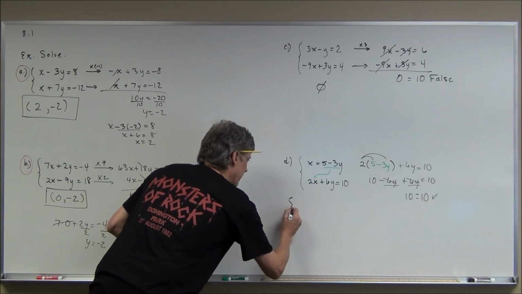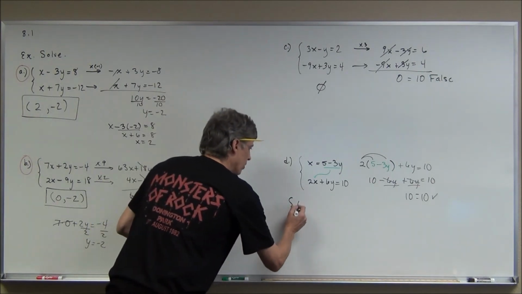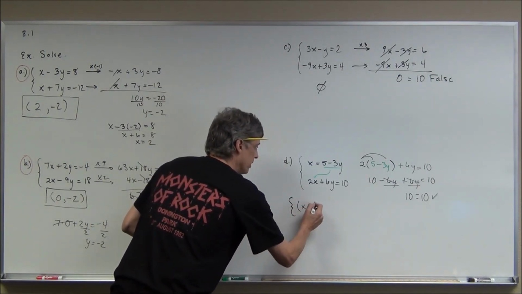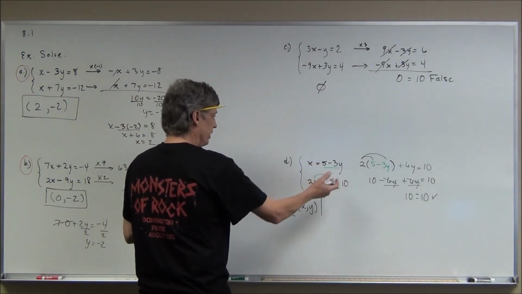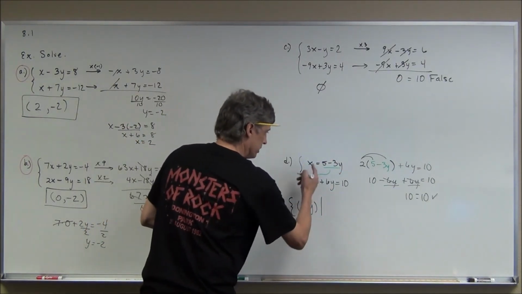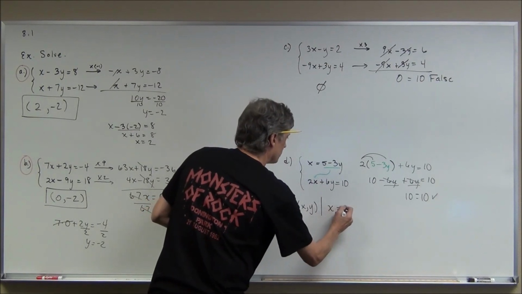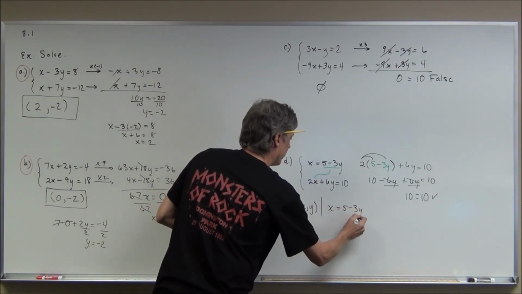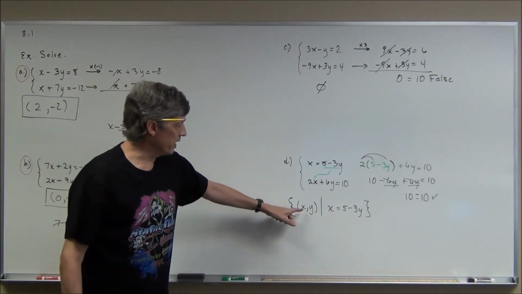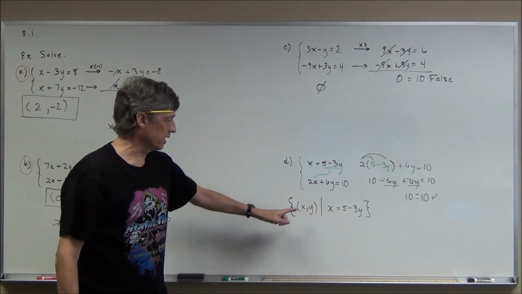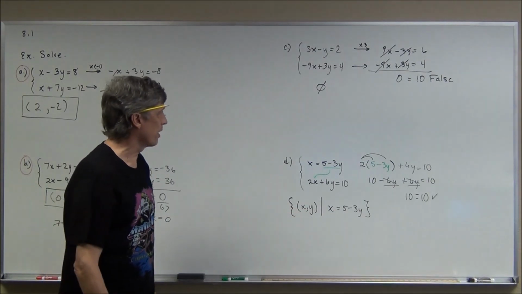It's a little old-fashioned, but the set of all ordered pairs x, y, such that, the bar means such that, and then write down either equation, it doesn't matter which. I'll take the top one, x equals 5 minus 3y, and then the brace. This is telling me every point on the line. That's what this is saying in a roundabout way.